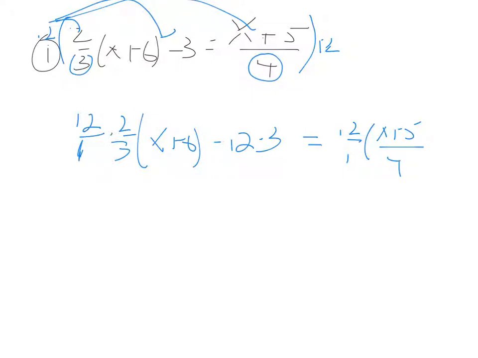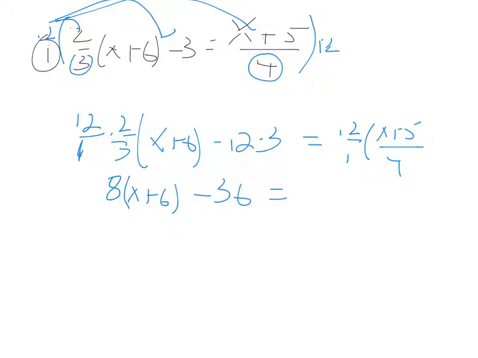Okay. 12 times 2 is 24, over 3 is going to be 8, and we've got x plus 6. 12 times 3 is 36. This pen's writing much better than my last one.